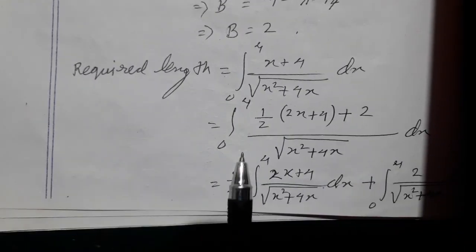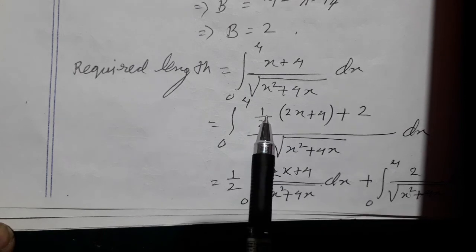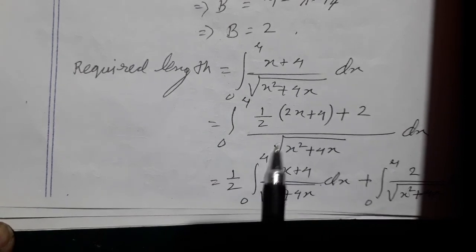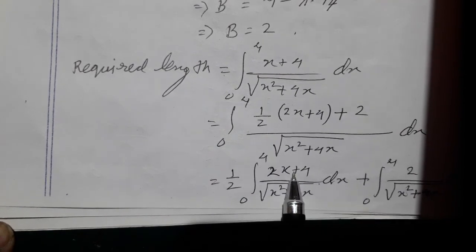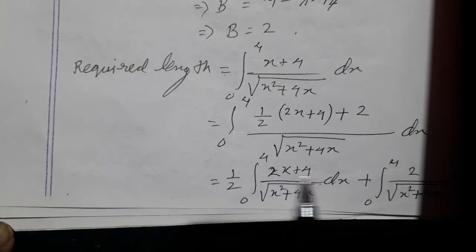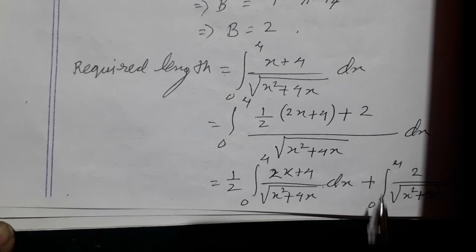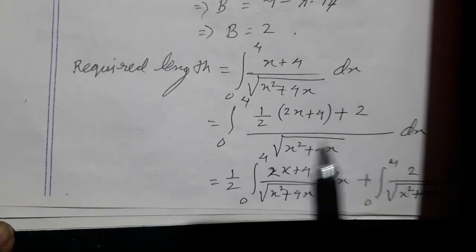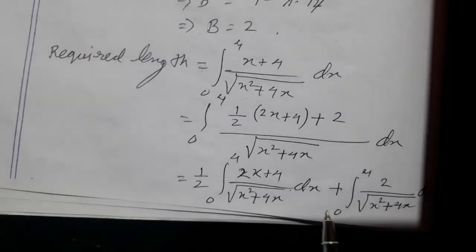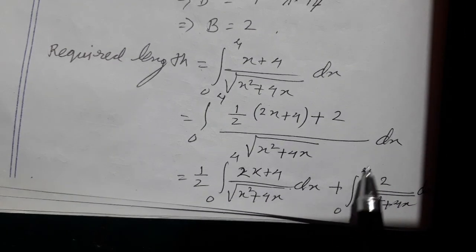Now we'll separate these. So 1 by 2 times integration from 0 to 4, 2x plus 4 divided by square root of x squared plus 4x dx, plus again 2 we separate, so 2 times integration 0 to 4, 2 divided by square root of x squared plus 4x dx.